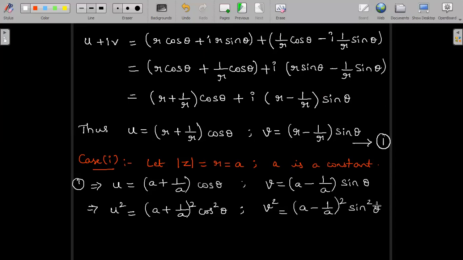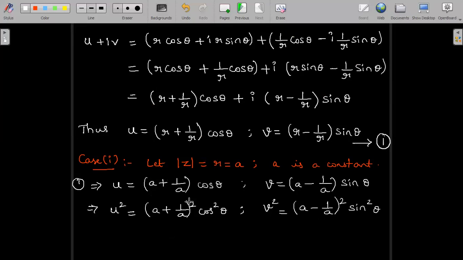Now we will take the constant term to the denominator. I mean to say (a plus 1 by a) the whole square is a constant, no? We'll take it to the denominator. And here also (a minus 1 by a) the whole square is a constant. We can take it to the denominator.